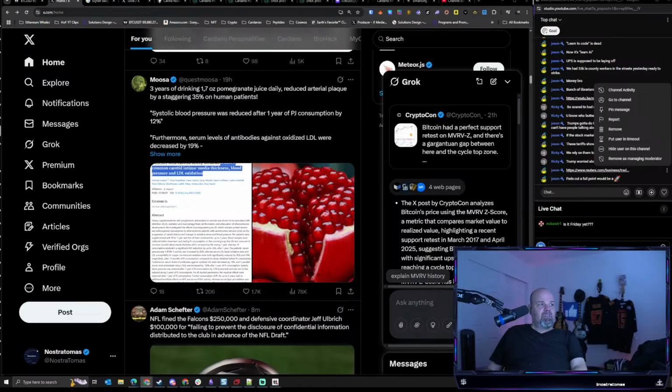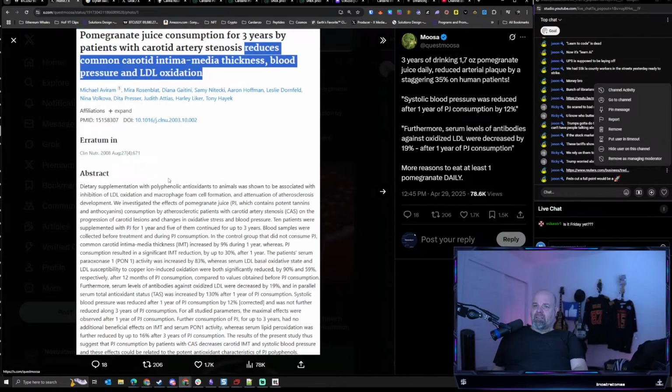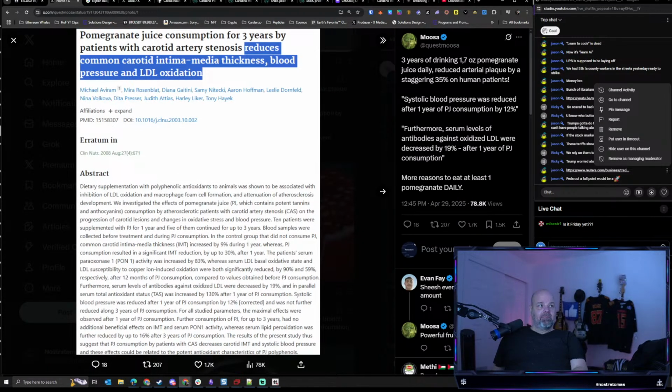Pomegranate juice. $10 for a 64 ounce. Twitter just blindly says pomegranate juice is good for you. I'm gonna guess what I'm gonna do. I'm gonna order some pomegranate juice. More reason to eat at least one pomegranate daily. 1.7 ounces of pomegranate juice. That's not very much.